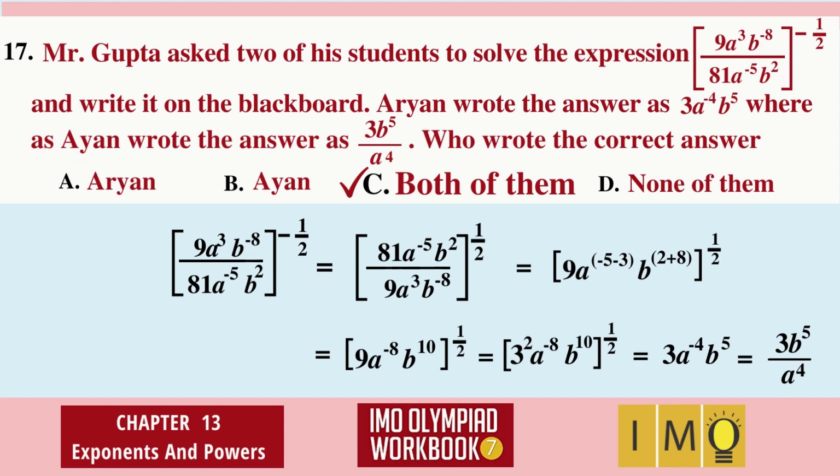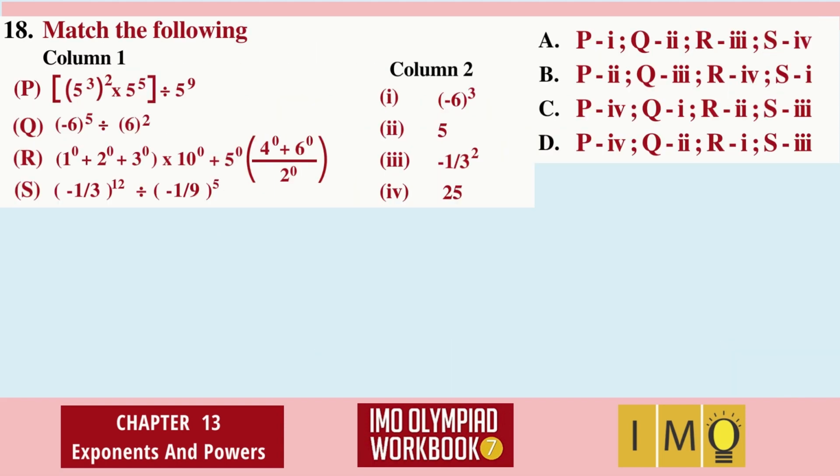Next, question number 18. Match the following. Let's consider the first statement P. 5 cube the whole square into 5 to the power of 5 divided by 5 to the power of 9. 5 cube the whole square becomes 5 to the power of 6.